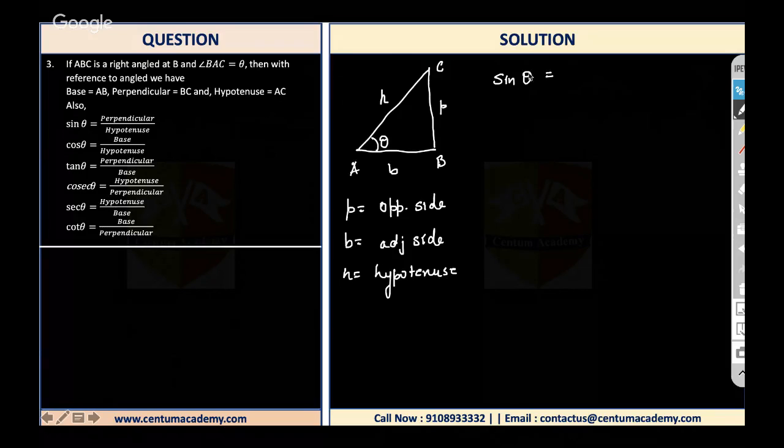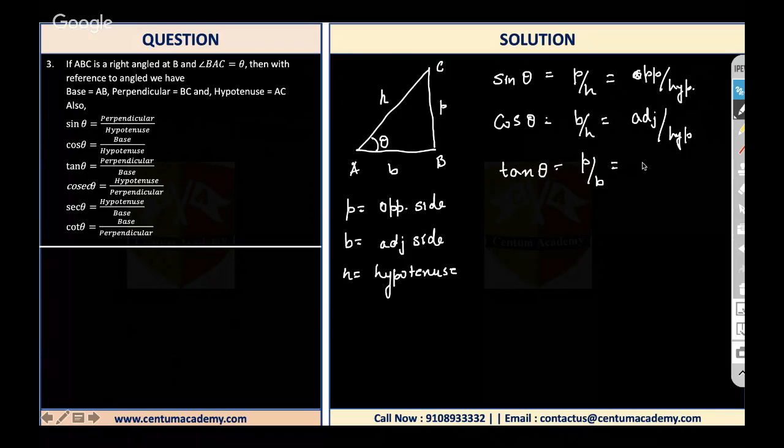You all know there are 6 ratios possible out of 3. Sine theta is equal to P upon H, or opposite by hypotenuse. Cos theta is B upon H, equals adjacent upon hypotenuse. Tan theta is P upon B, which is opposite by adjacent. And then there are reciprocals to this.